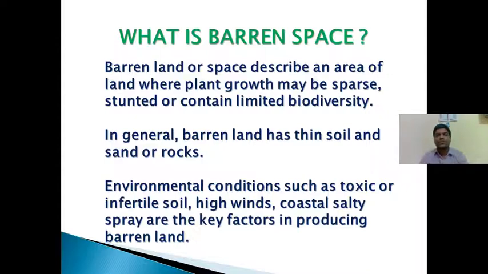We know such types of lands where very limited plant growth is there, or if plant growth is there, that growth is sparse or stunted, and such land is called barren space. In general, we use the term empty land or barren space.